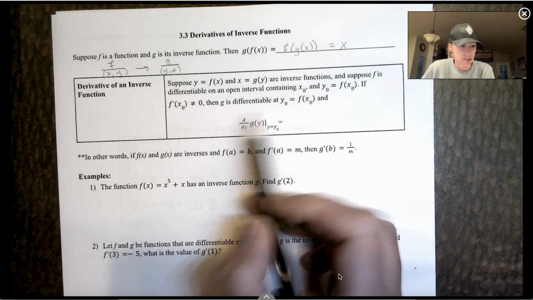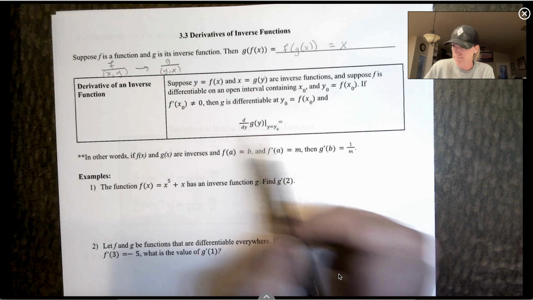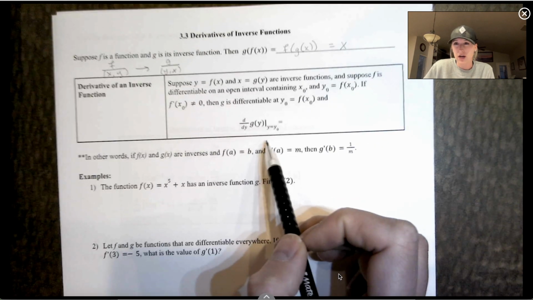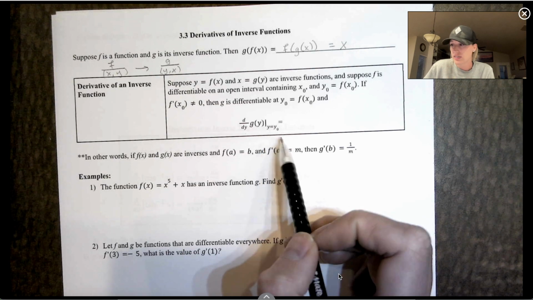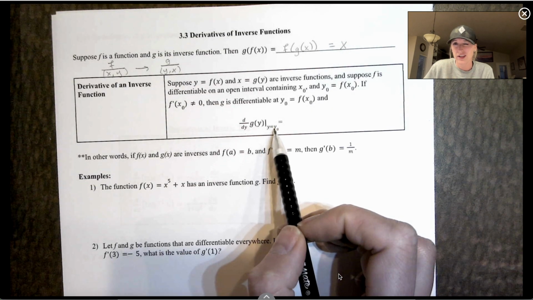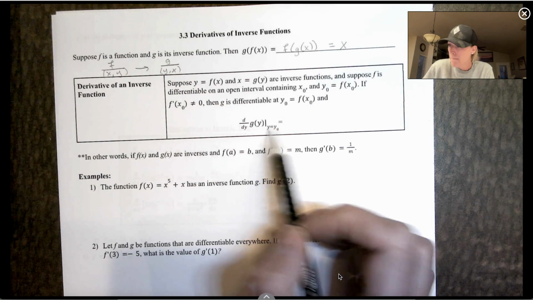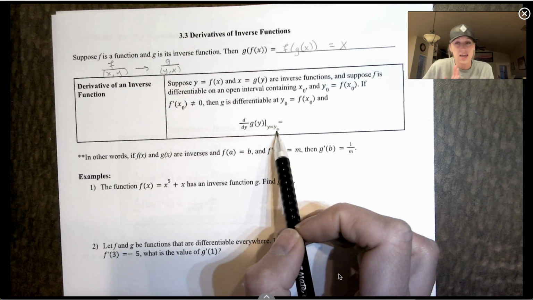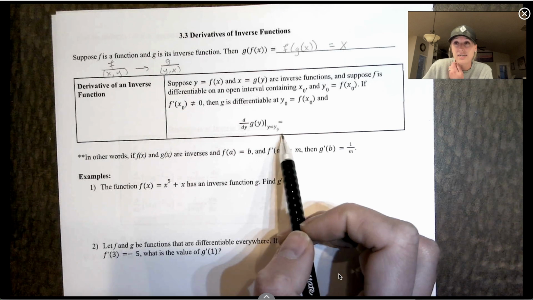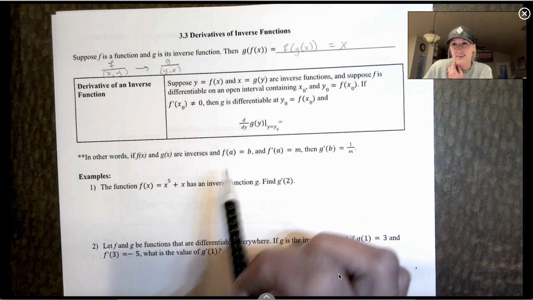This notation is a little bit weird, you guys, but this is how your book does it, so that you can see what it's going to look like for your homework problems. But y naught is just a y value on f of x, and so we usually need to find the x that goes with it.